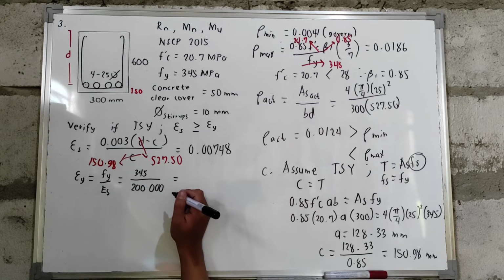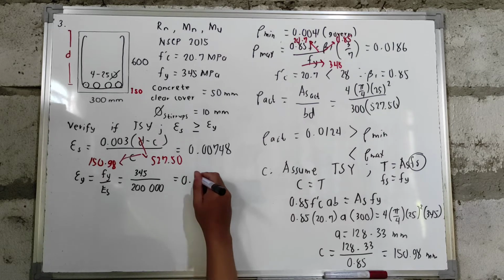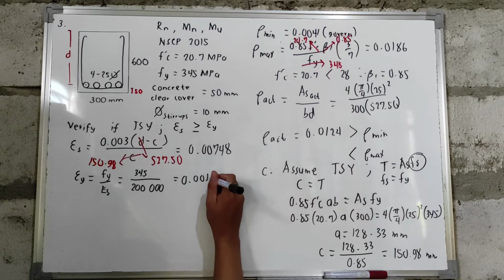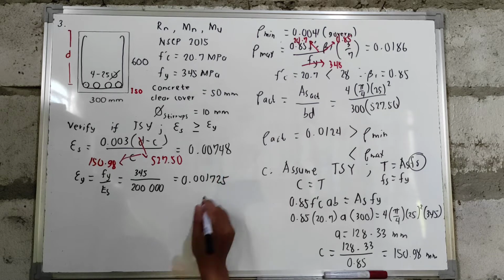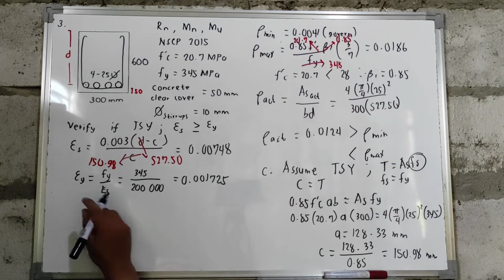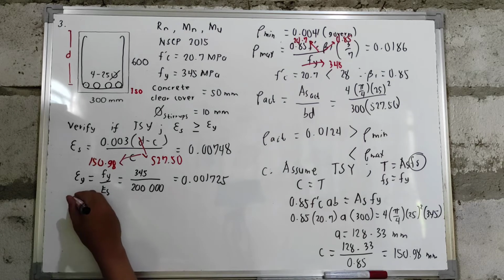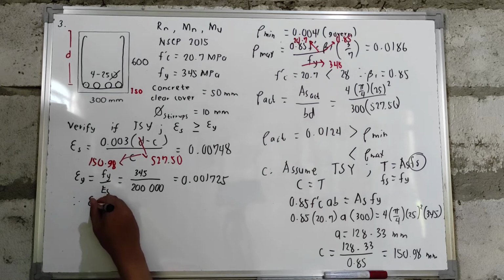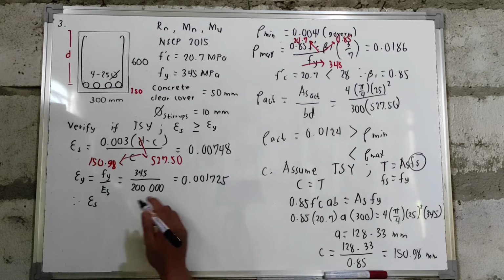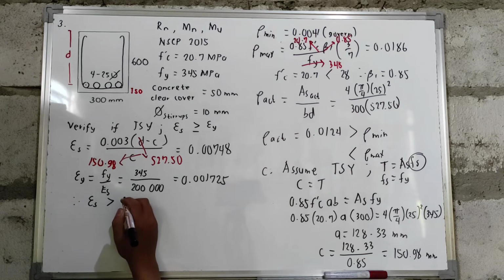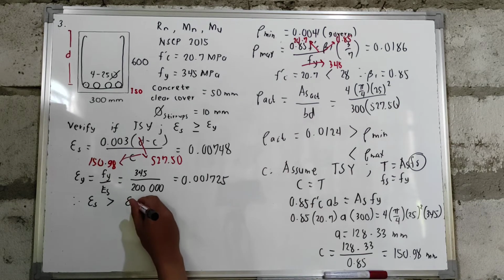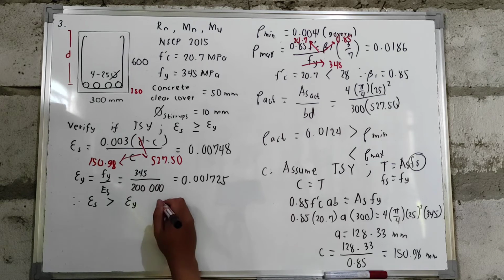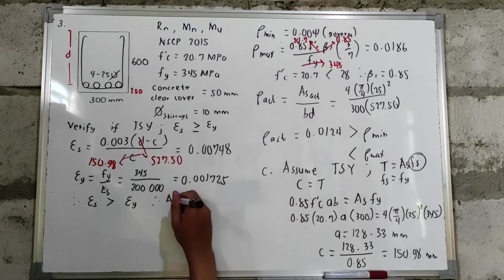So, the value of your strain here is now equal to 0.00175. So i-compare natin, since epsilon s, which is equal to this value, is greater than the value of your epsilon y, therefore, assumption correct.